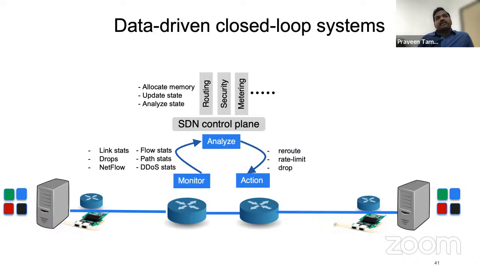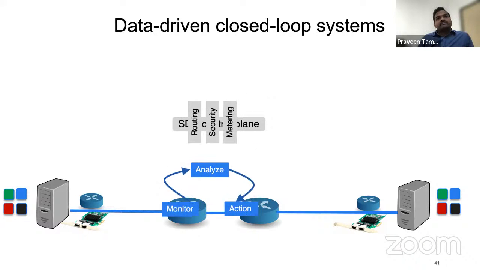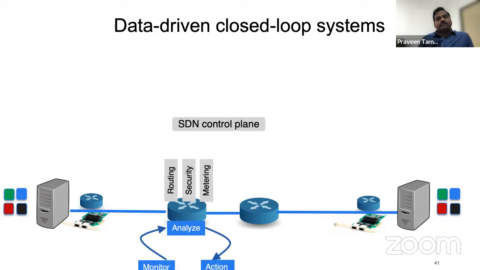Sometimes you execute these closed loops by invoking a centralized component like an SDN controller, but often P4, given its programmability, enables you to execute all three functions, monitoring, analysis, and action, entirely in the data plane, which enables fast control systems.